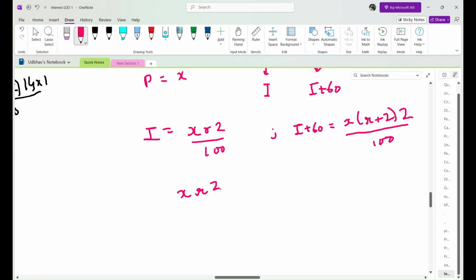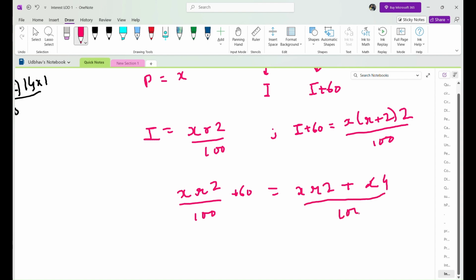So X R 2 upon 100 plus 60 equals X R 2 plus X 4 upon 100.